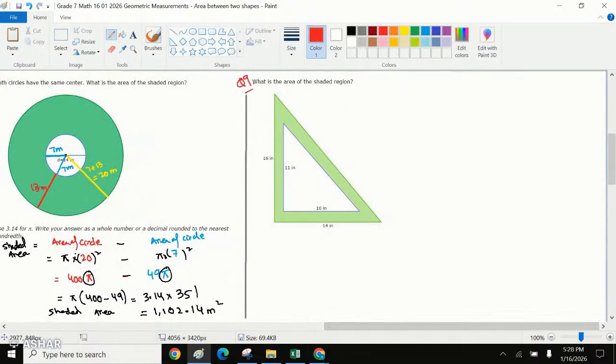The working would be quite simple. As we already know, when we're finding the shaded area, can we say that the area of the outer triangle minus the area of the inner triangle?